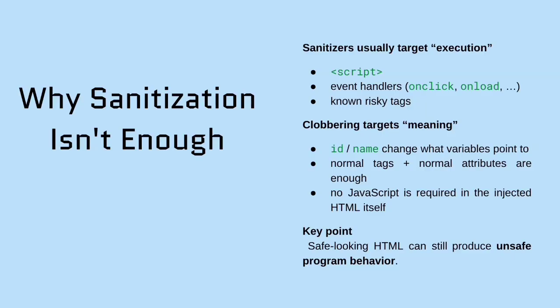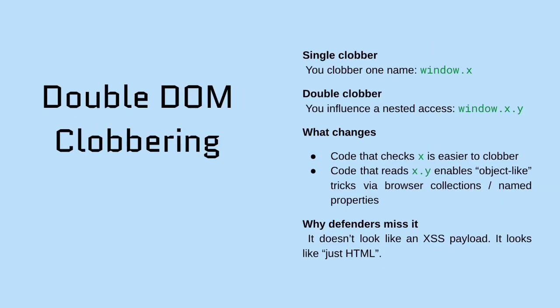It uses standard HTML attributes like ID, name, and href. And if your application logic relies on checking global variables like configuration objects, and you let users inject HTML with IDs, you are vulnerable even if you strip every single risky tag in existence. Let's go into the next bullet.